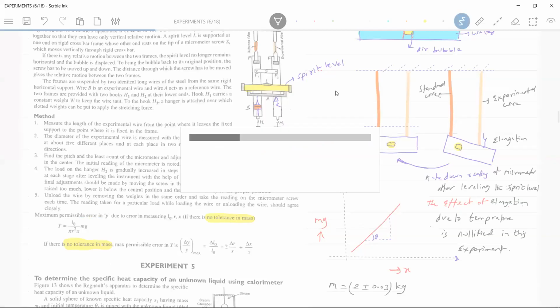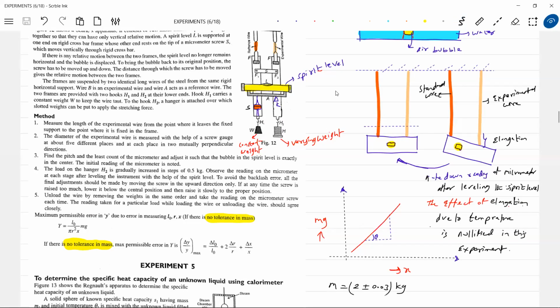They may ask you when the reading should be taken: when the spirit level is in level, or when it becomes not leveled. So by increasing the load, the experimental wire will get elongated and the spirit level will not be at a level. Then by rotating the screw, the spirit level will get leveled, and we note down the micrometer reading, which will be proportional to the elongation of the wire. That's the idea.